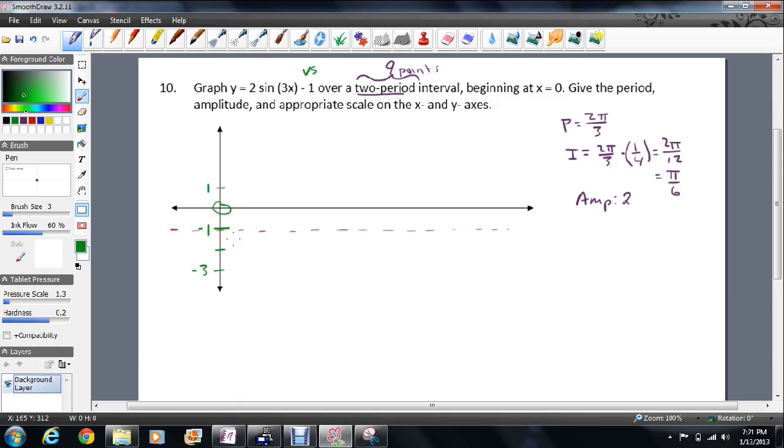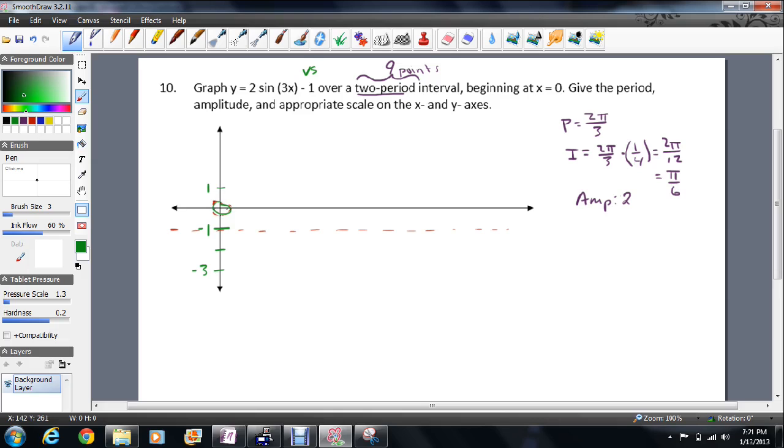That's my starting point. I'm going to add my interval, which is pi over 6 this time, to get all the rest of my points. And I said I needed 9 points.